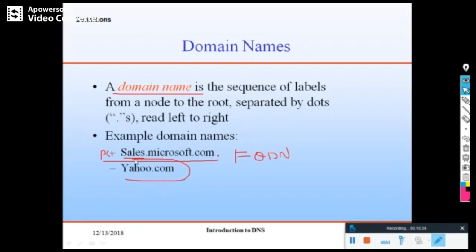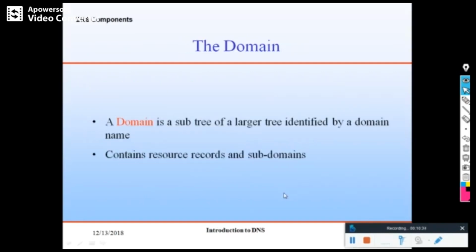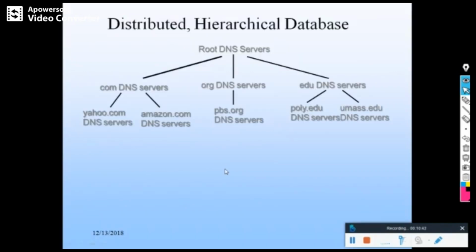So you know yahoo.com. This is the domain name. Now a domain is a subtree of the larger tree, identified by a domain name. It contains resource records and subdomains. For example, the DNS is a distributed, hierarchical database which contains root servers.